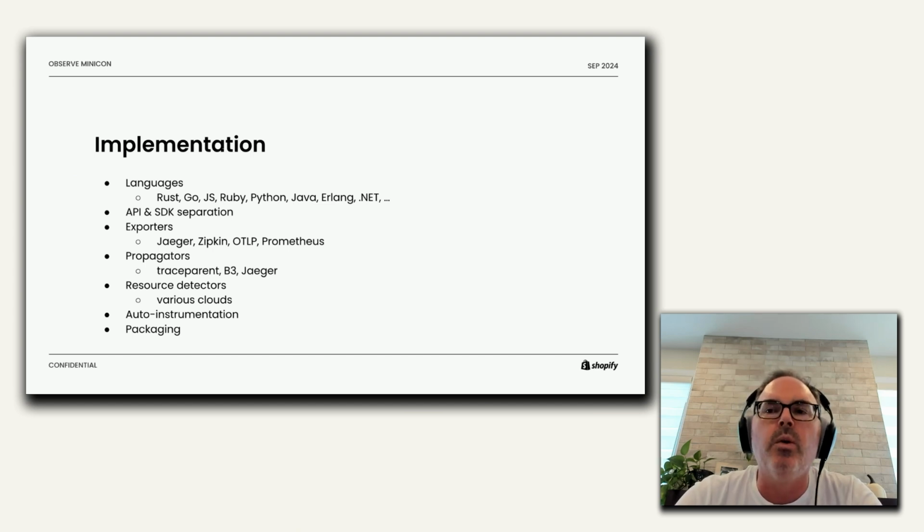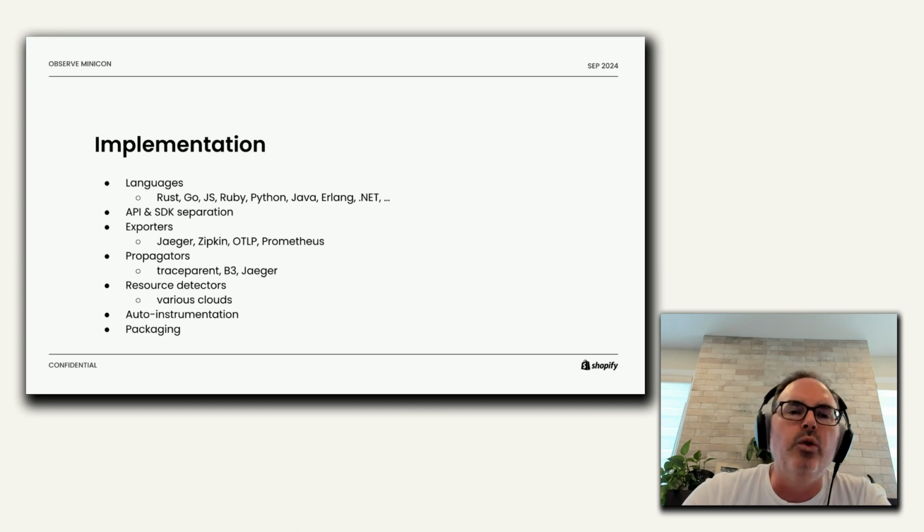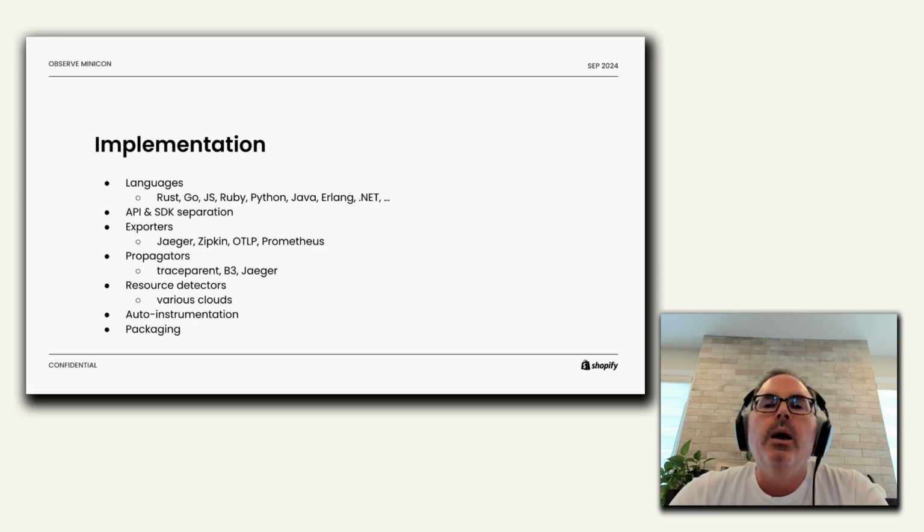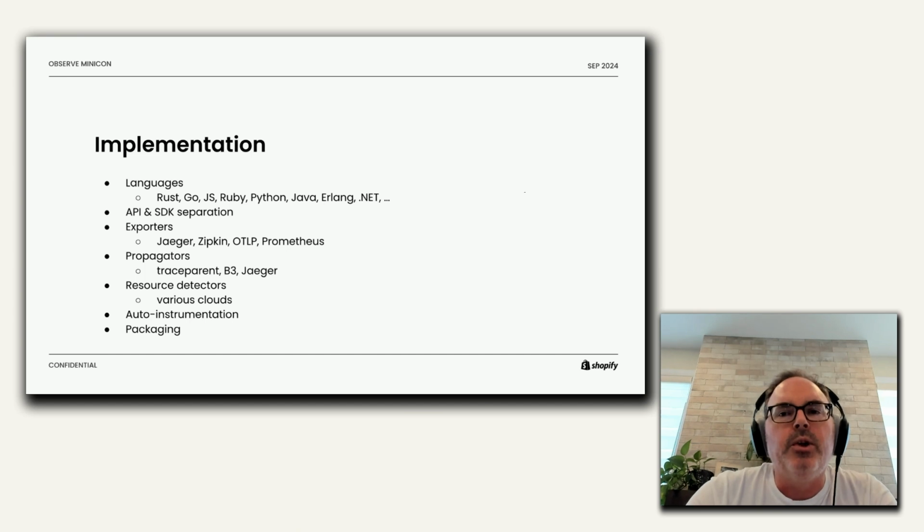So exporters are required for older telemetry formats like Jaeger and Zipkin, along with legacy propagation formats like Uber's and the B3 propagation header from Zipkin. The new telemetry format is OTLP, and the default propagator is W3C trace parent.